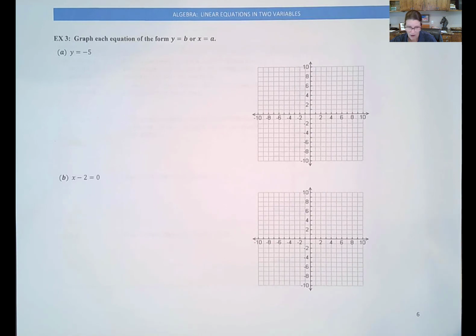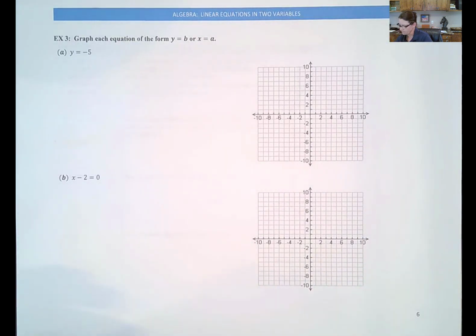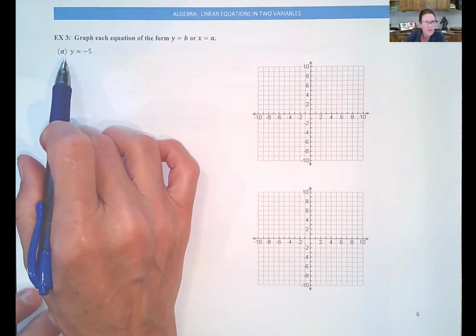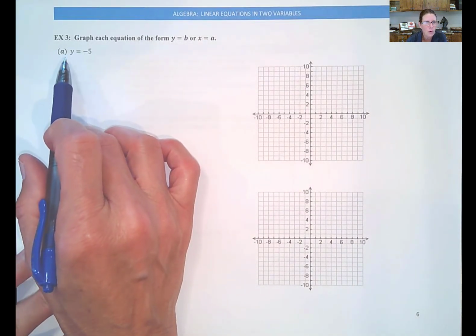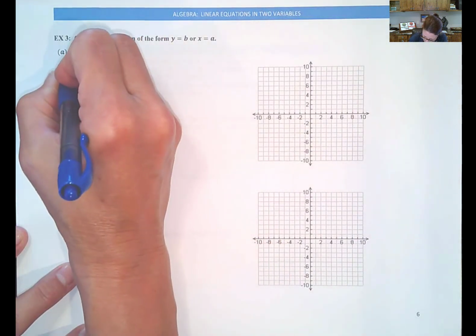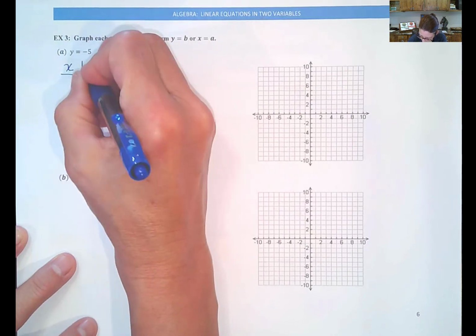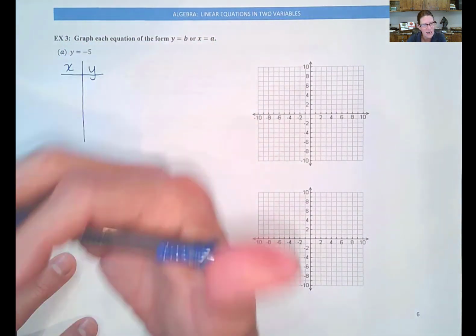Example 3, we're going to graph some horizontal and vertical lines, beginning first with the equation y equals -5. Now, don't make this too difficult. There's really not a way to plug in values, but let's just think about this.